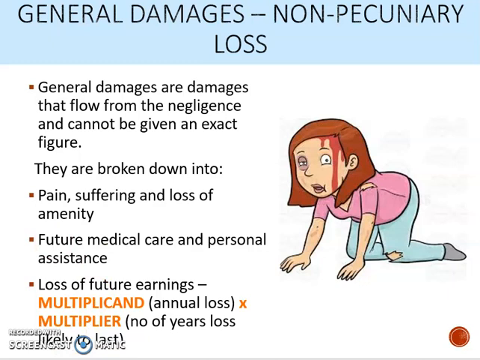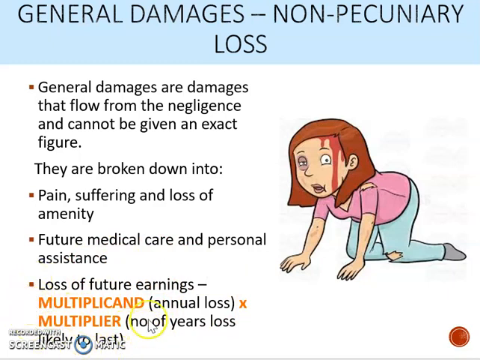And possible promotions can create a significant difficulty here, but as long as the claimant can show to the court that they were on a career ladder of sorts, which they were likely to ascend, they will be able to claim higher damages to reflect career advancement that they're no longer able to do. You can see I've included here the calculation that the courts use when they're trying to calculate loss of future earnings.